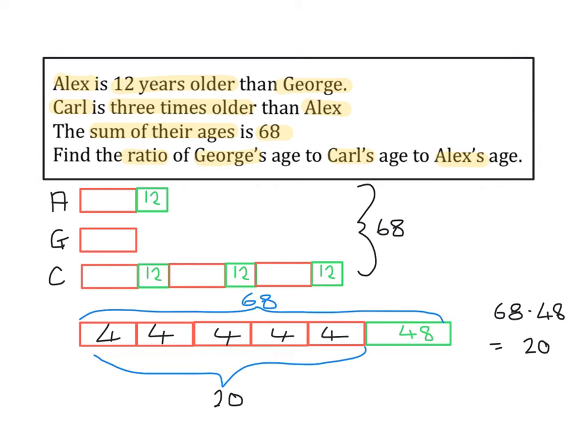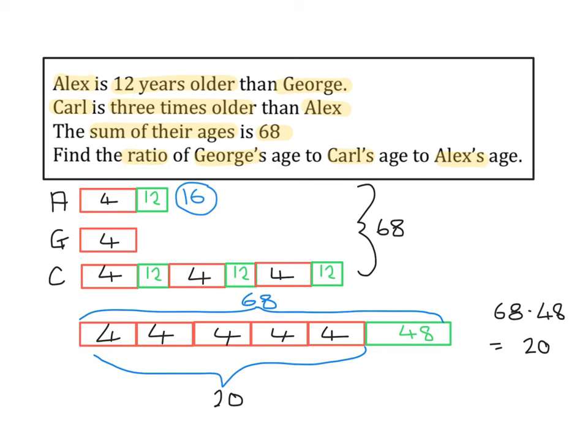Okay, so let's go back out and figure out the age of each of the people. So each of the red boxes is 4. So we've got the total for Alex is 4 add 12, which is 16.